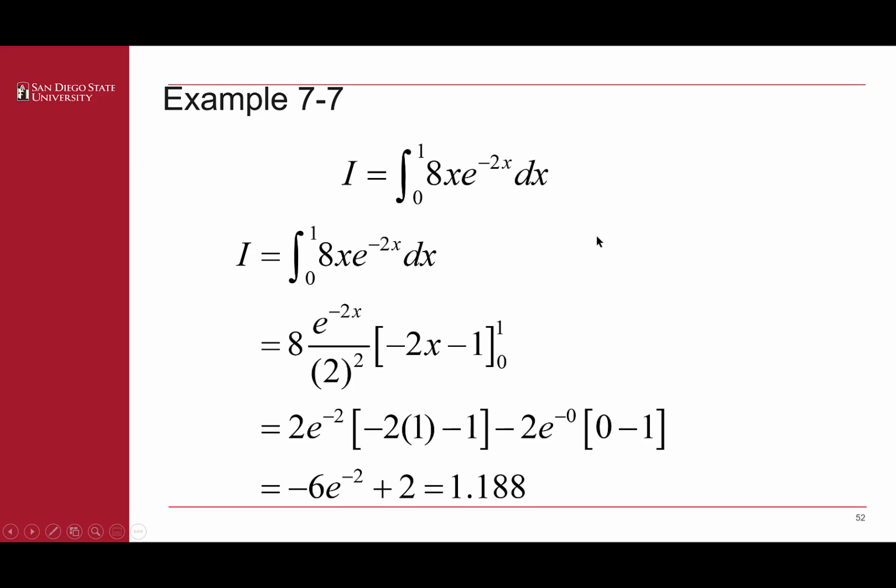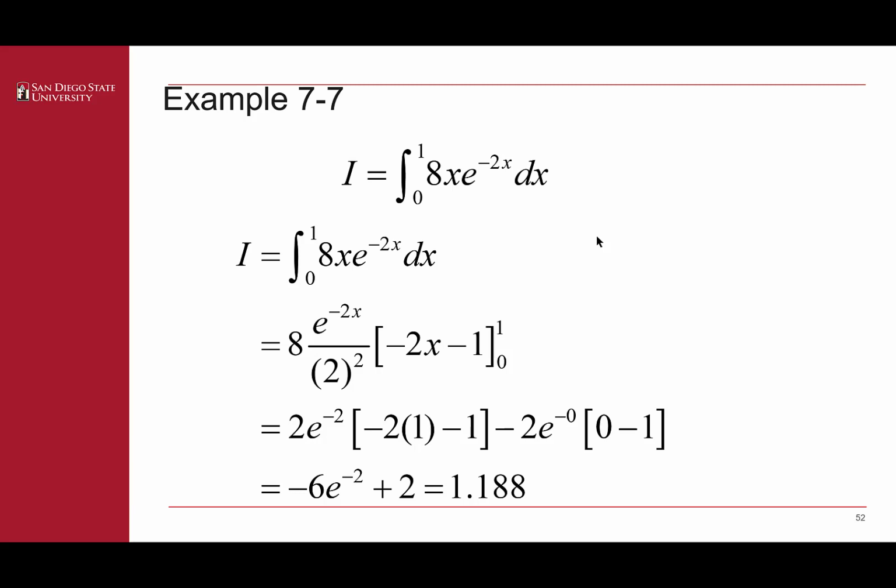Second one here, I equals the integral from 0 to 1 of 8 times x times e to the minus 2x dx. Looks quite complicated, but in fact it is not, because we have e, and e is the magical number. Working with e is very easy when we are taking integrals or derivatives.